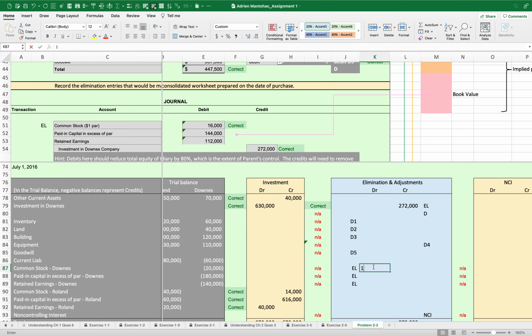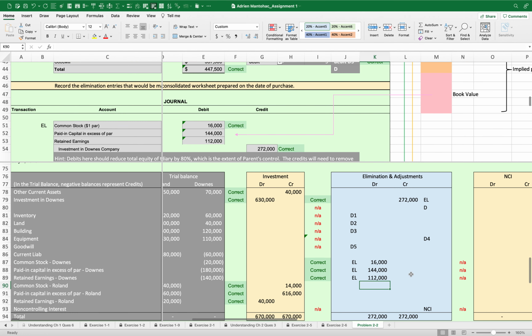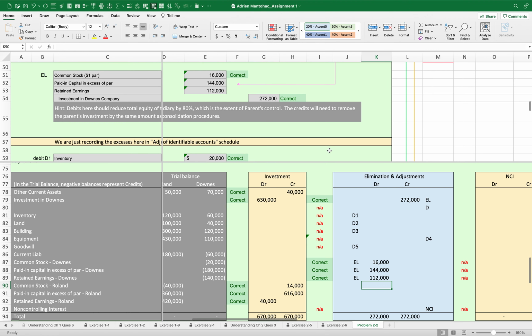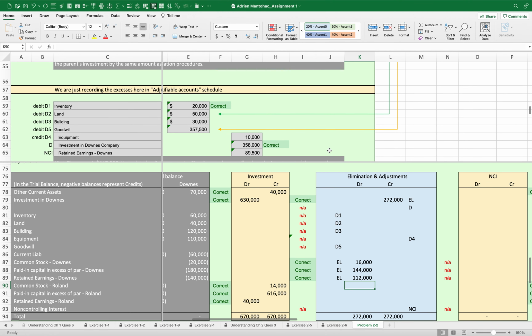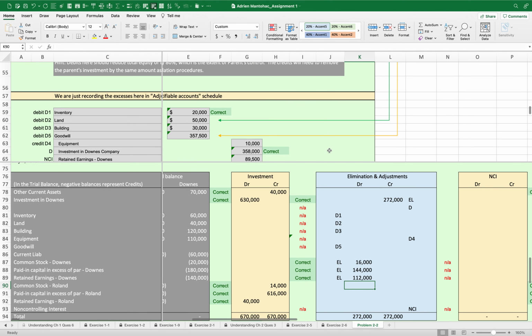So these items go down, or a debit to the equity section of the subsidiary. While we're here, we'll also get rid of the remaining investment in Downs, which is denoted as entry D.